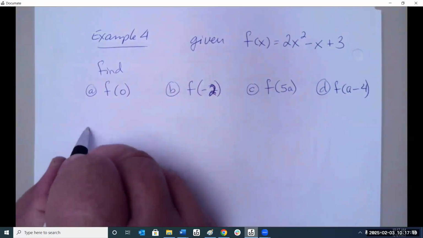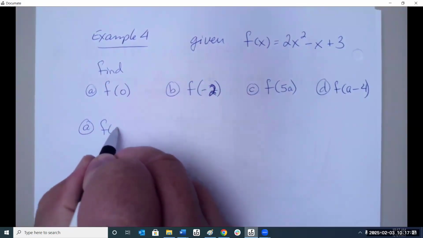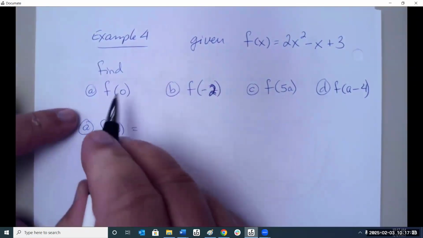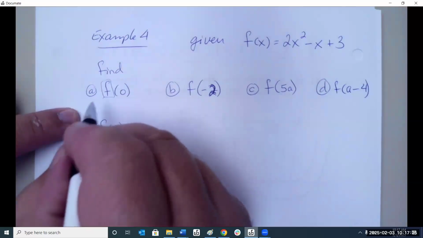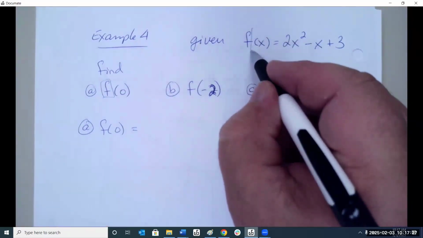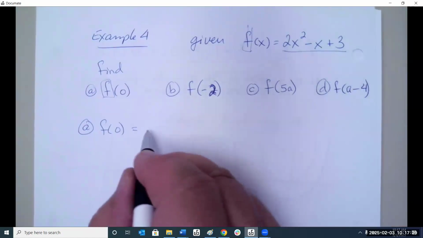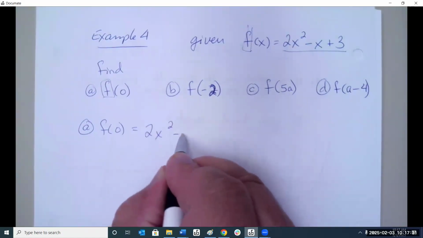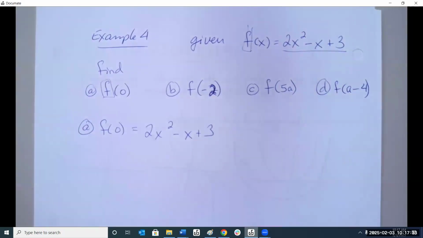So in this first one, A, this is the name of the function. So we look for it. It's defined here. So this is what it means. It means 2x squared minus x plus 3.